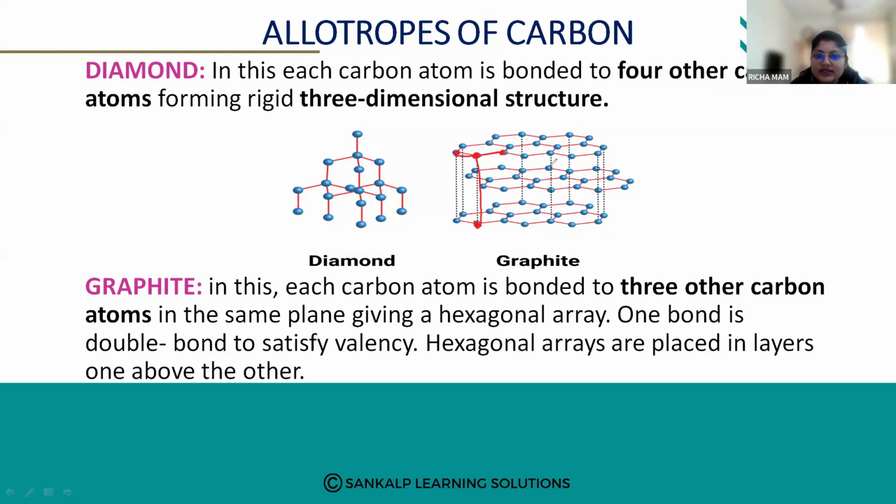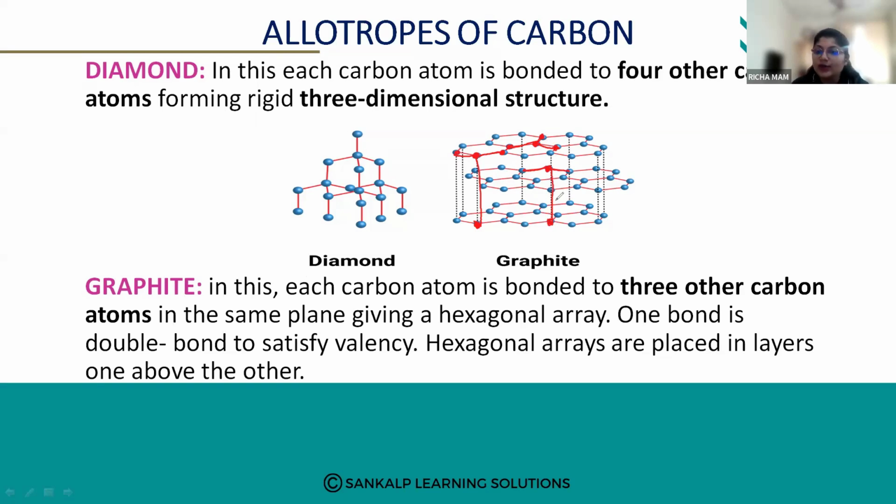In the same way, if I consider this carbon atom, 1, 2 and 3. Like this. So in graphite, the arrangement is different.